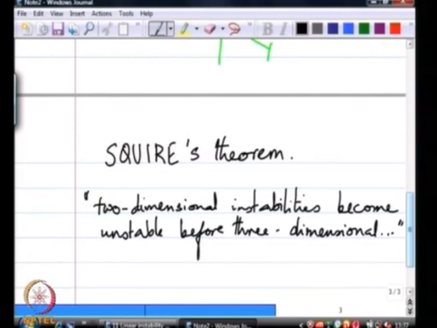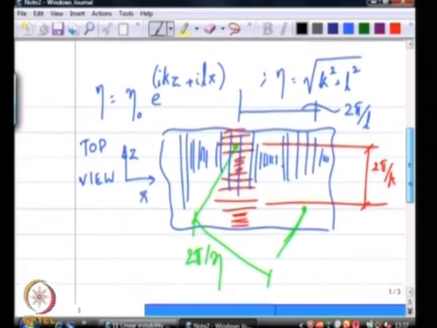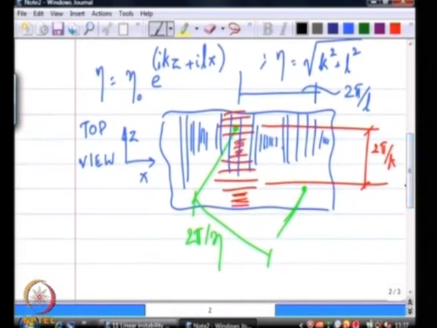So, what he showed is that if I want to look at the situation which is the most unstable, I only am interested in the situation that is the most unstable.